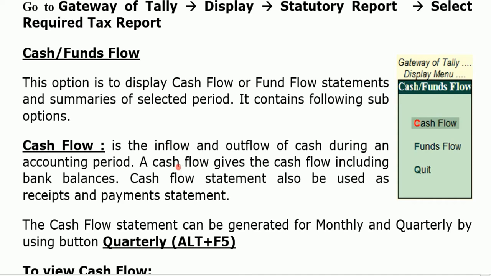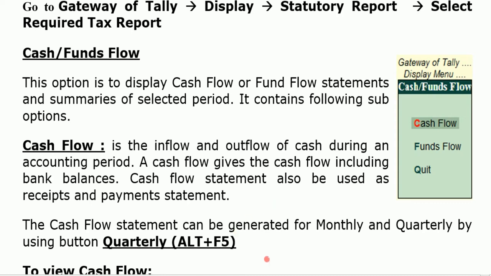Okay, as you already know in the commerce part, cash flow is the inflow and outflow of cash during an accounting period. A cash flow gives the cash flow including bank balances. Cash flow statement also be used as receipts and payment statement.